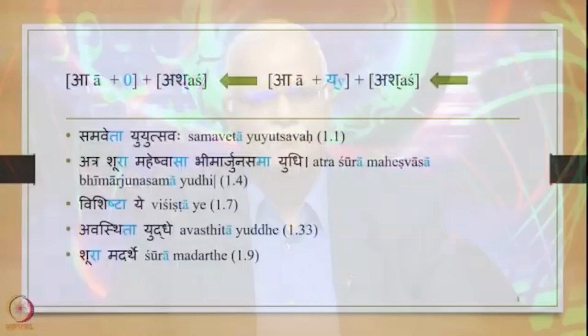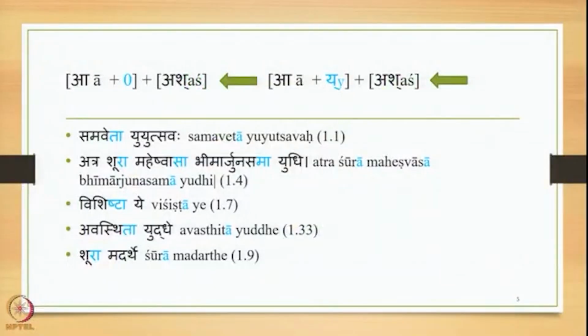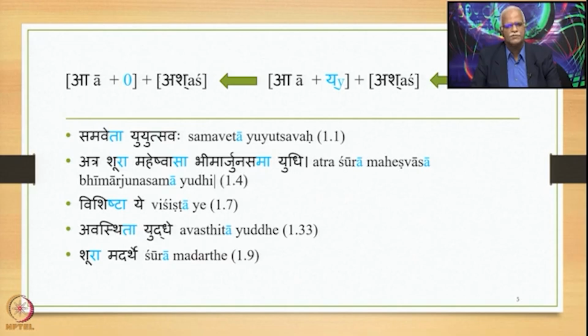So here we have examples of a plus o plus ach being the output, from which we can get the input, namely a plus ya plus ach, and then we can get, applying the same procedure we saw in the previous lecture, a plus ru plus ach as the earlier input, and further backwards we can get a plus sa plus ach as the input.